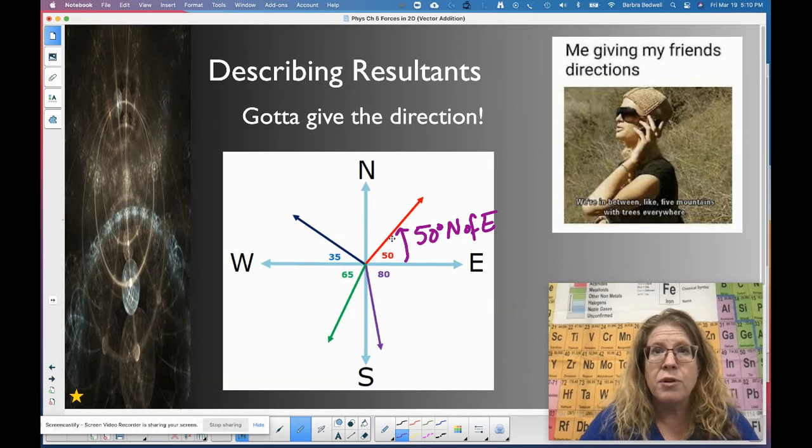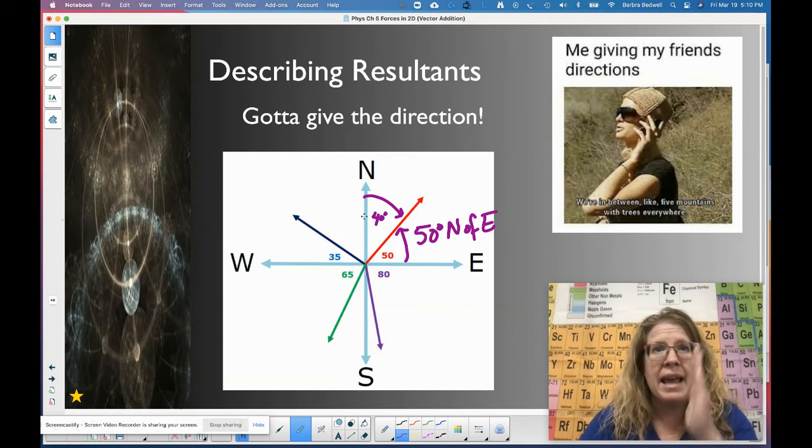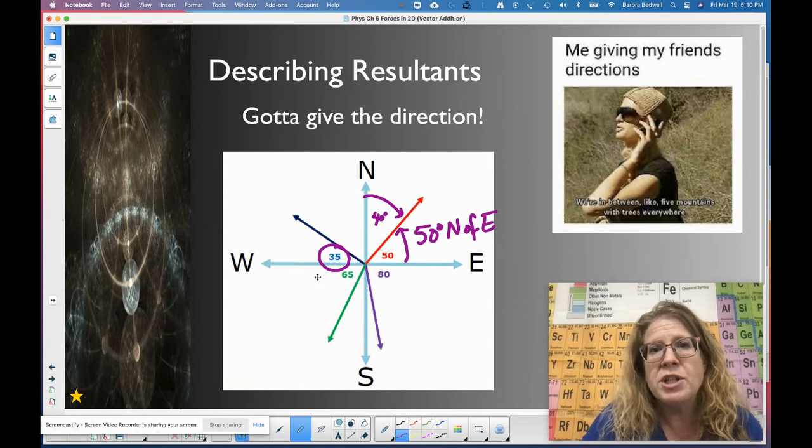This angle up here, if you remember, right angle here is 90 degrees, right? So this angle up in this spot's actually 40 degrees. This angle would be 40 degrees east of north. North is the main angle, and I'm turning east of there. This one over here, this one that's described as 35 degrees. Well, this is 35 degrees from which axis?